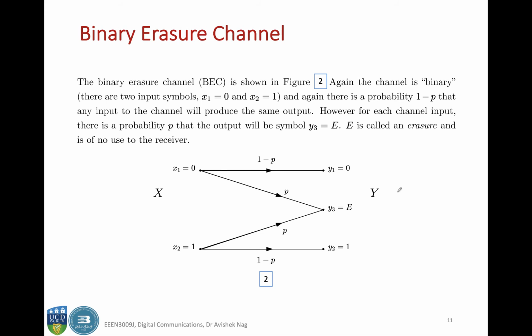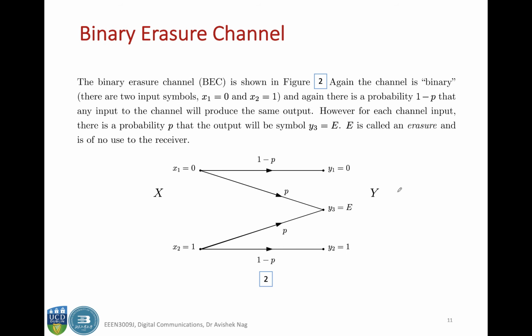Usually p is very small, so 1 minus p is very high. So with a very high probability you will get those values that you transmitted, but there is also a small chance that you will end up in the state y3, which is an eraser.